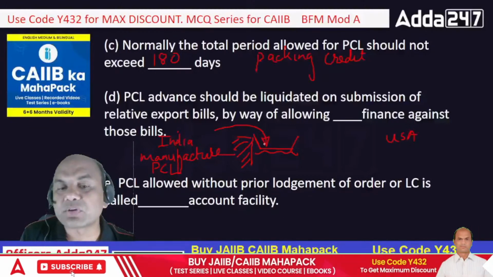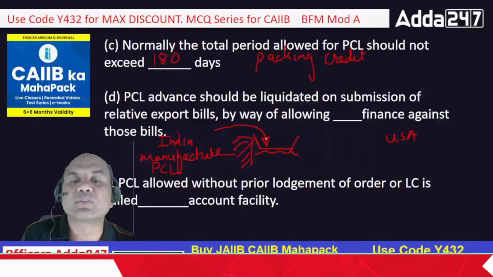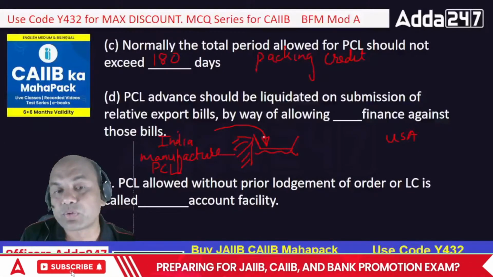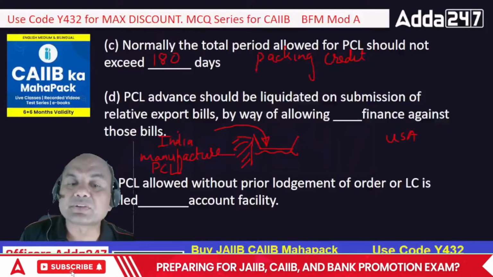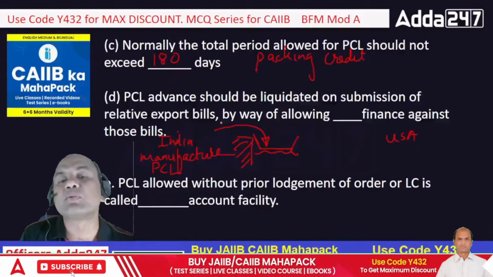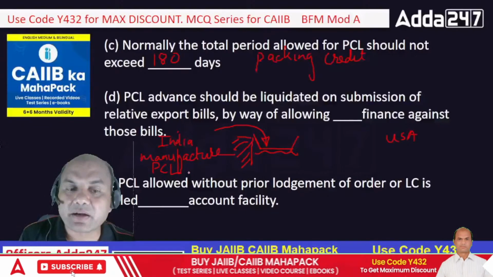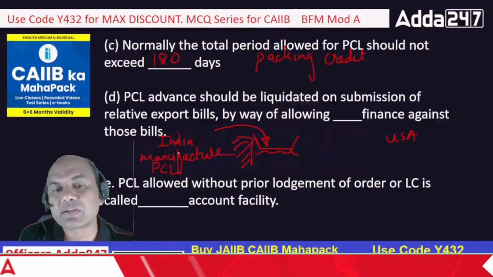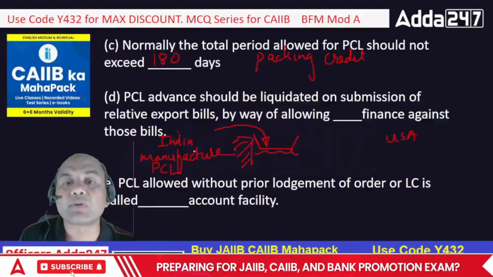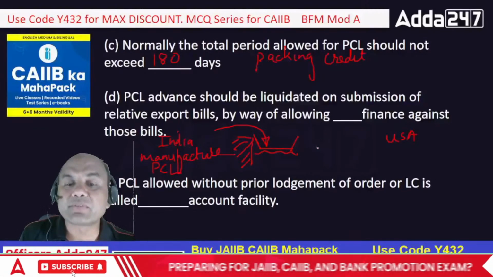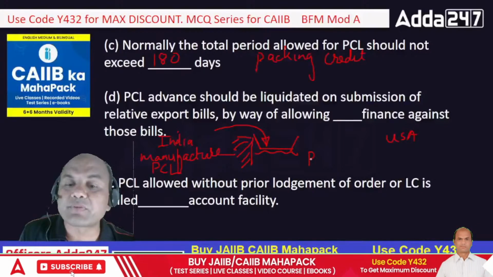Once I get the onboard shipment certificate, I'll submit those 6 documents, as I told you earlier, to the bank. So what will the bank do now? This packing credit was for manufacturing, so this has to be closed. But how will the bank close it? The bank will give me post-shipment finance.